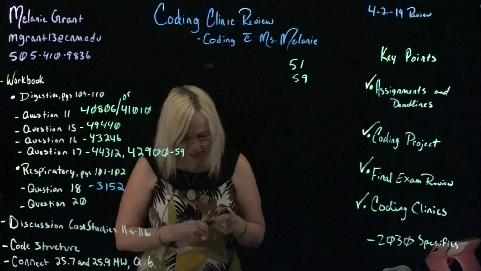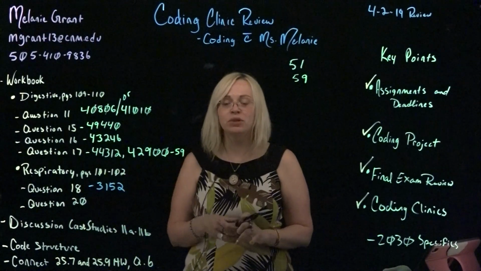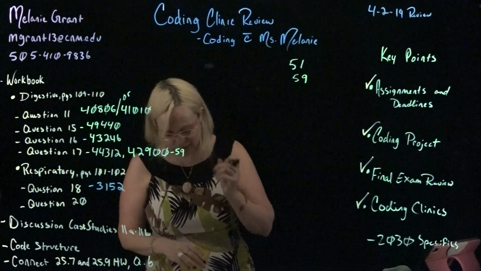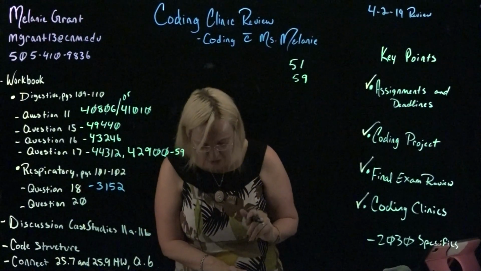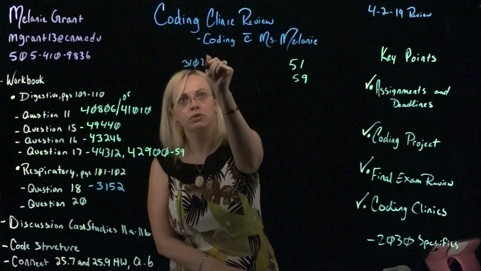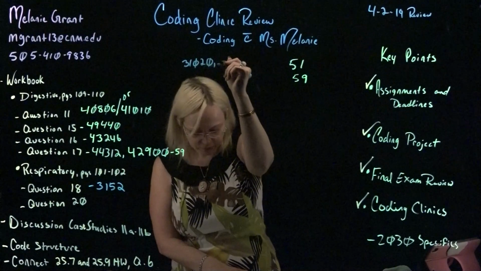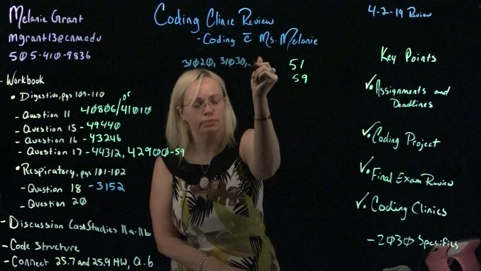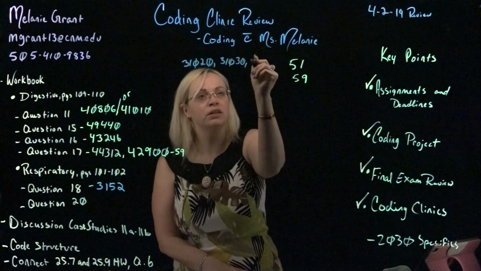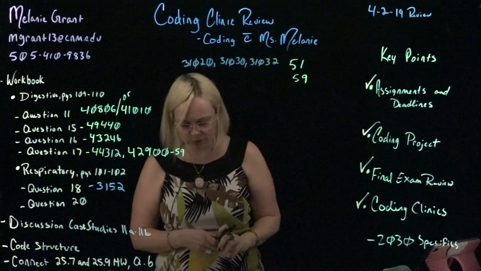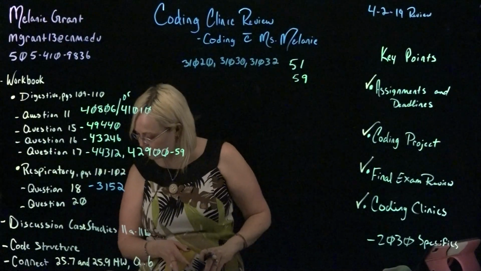In this case, it is going to be sinus maxillary because that's one of your intranasal sinuses. And so I have a few codes to write down. I have here 31020, 31030, and 31032. Okay, so I want to make sure I look up all of those.